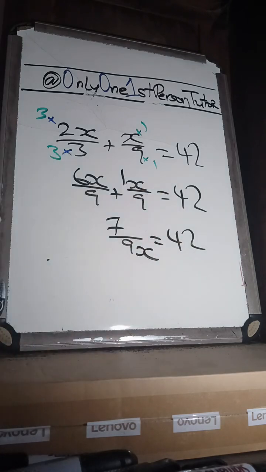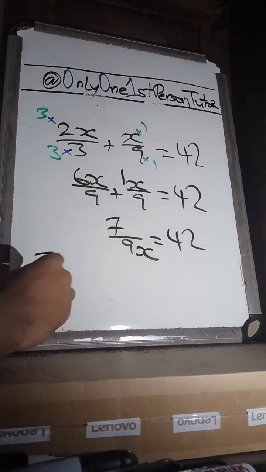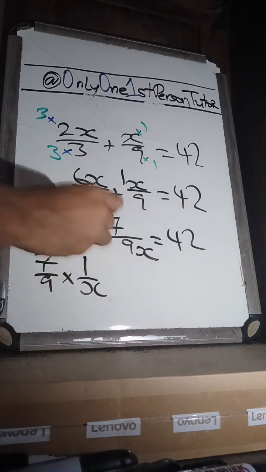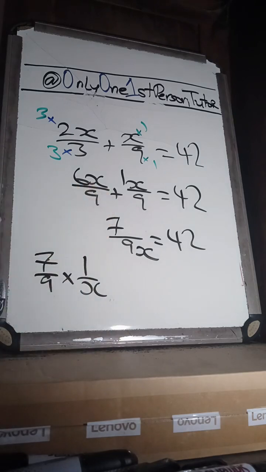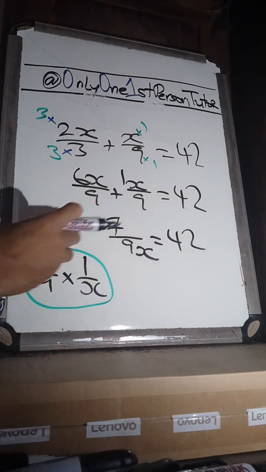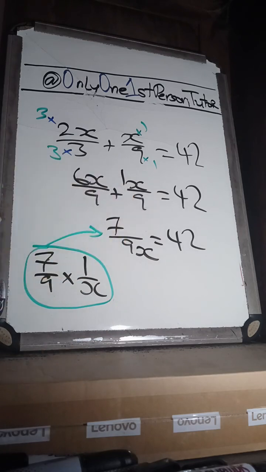That would be 7 over 9 times 1 over x. We have to make that quite clear. 7 over 9x is 7 over 9 times 1 over x.